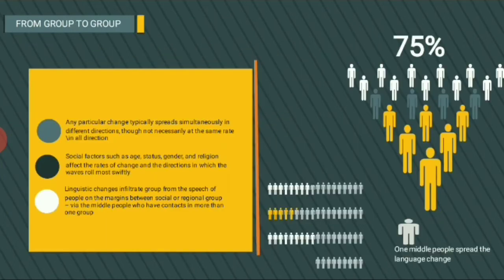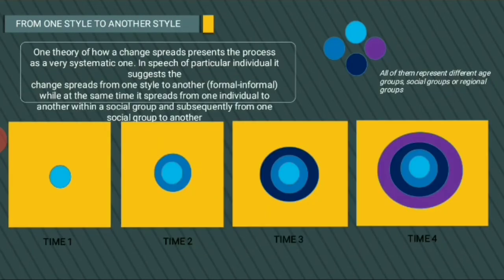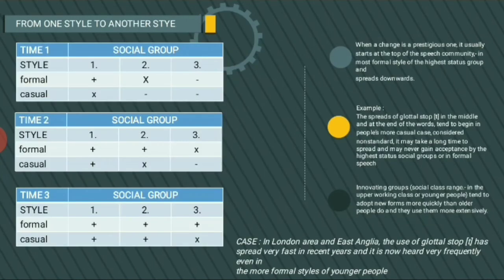So we can conclude that one group influenced another group. Next, from one style to another style, we can also see it in a table.